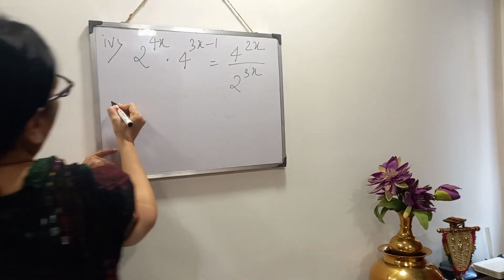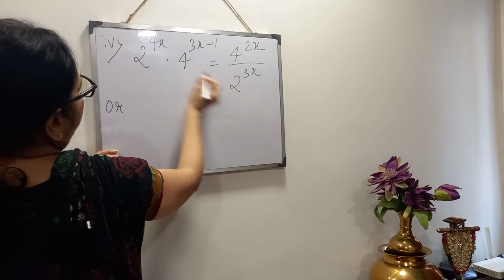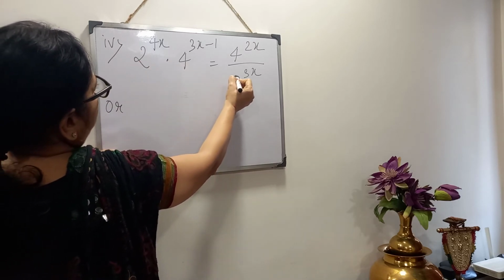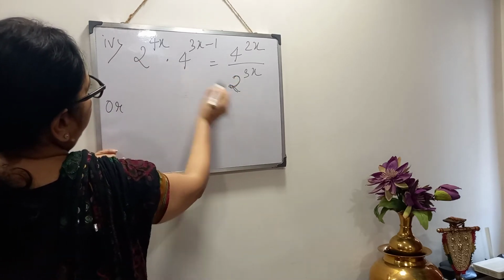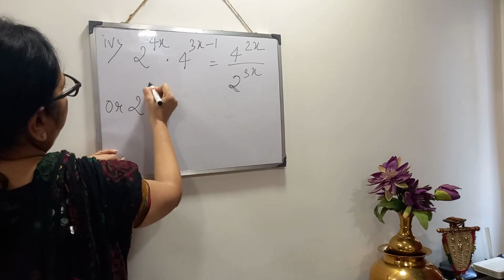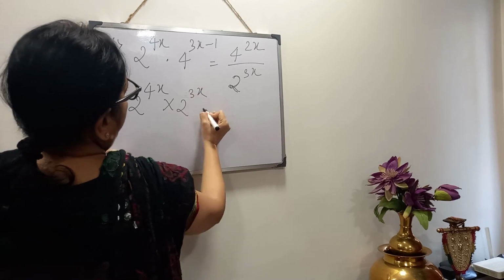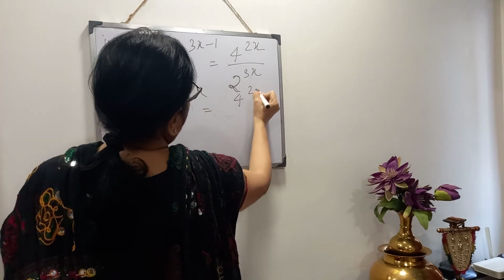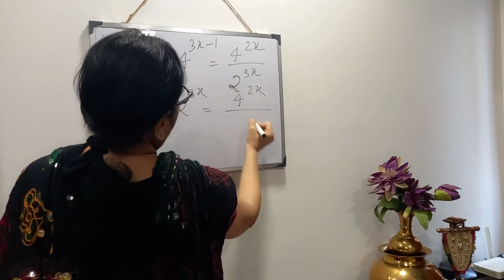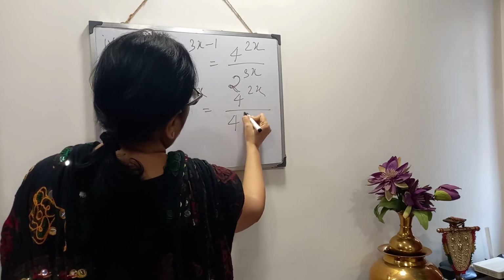So better we'll take base 2 together, this and this. So cross multiply. It will be easier for our calculation. Cross multiply. And right hand side 4 to the power 2x there, and this will be divided. It will come in the denominator. Clear?